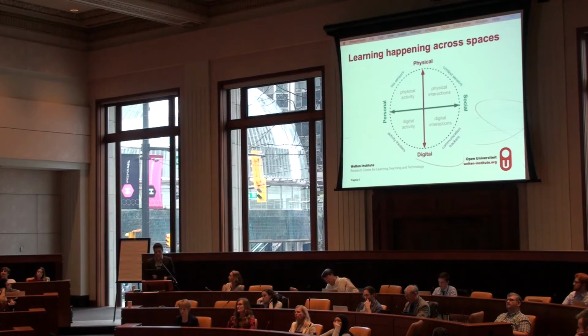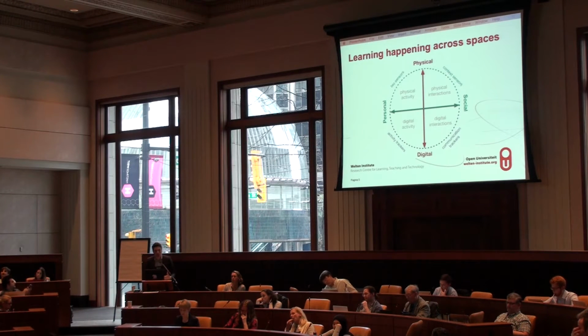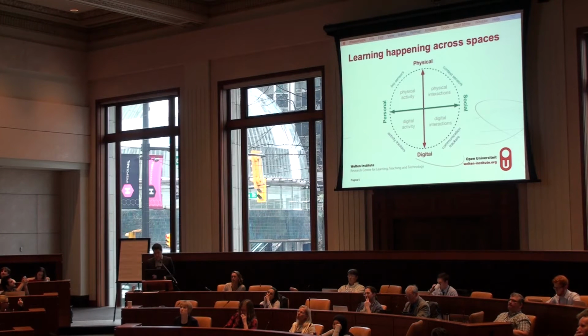At the same time, learning happens not only at the personal level, but more at the social level. So there are different dimensions of learning we can explore, and different ways we can track these dimensions. For instance, we can use sensors or trackers to collect all this type of information.